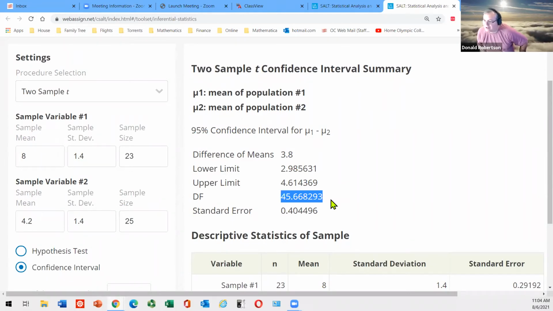That's why you can't really calculate it anymore. And our standard error. I'm going to write down the interval. I'm just going to call it 2.99 to 2 decimal places and 4.61. And they do ask you for other things, but I'm just going to look at that one snapshot, one of the more important ones.